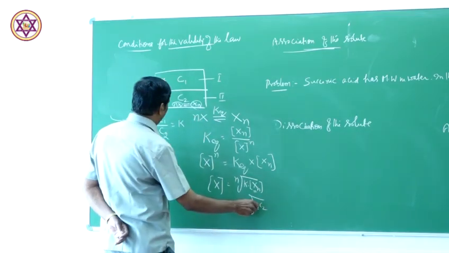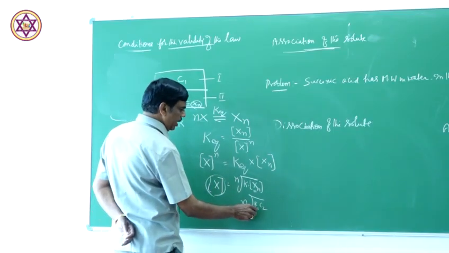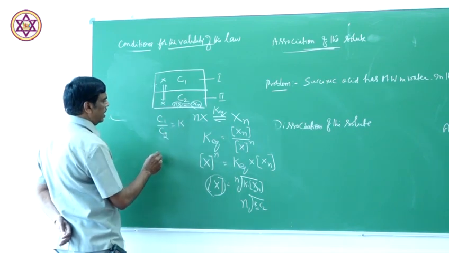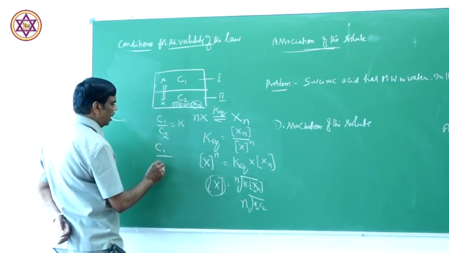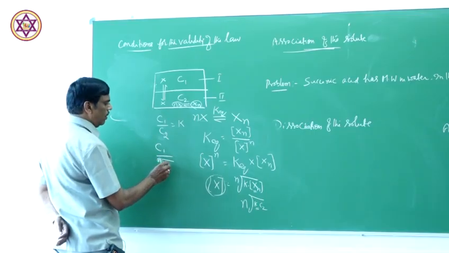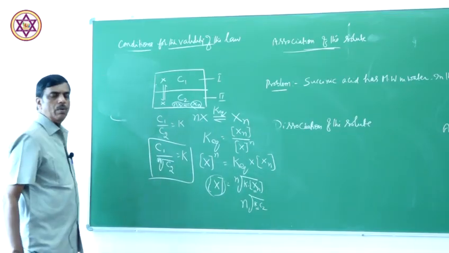You substitute that here, so C1 by the nth root of C2 is equal to K. This is the equilibrium constant when there is association.